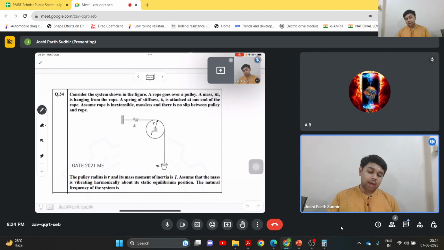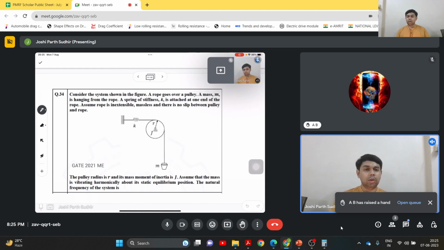That pulley has a moment of inertia J and a radius small r, and it is fixed to a wall through a spring k. It is given that there is no slipping between the pulley and the rope.